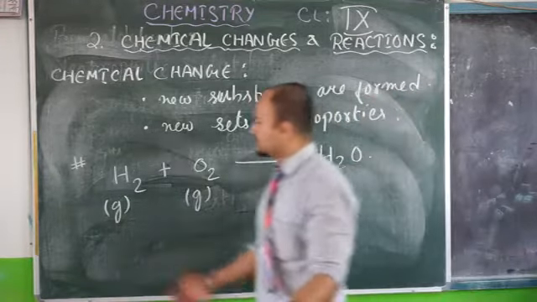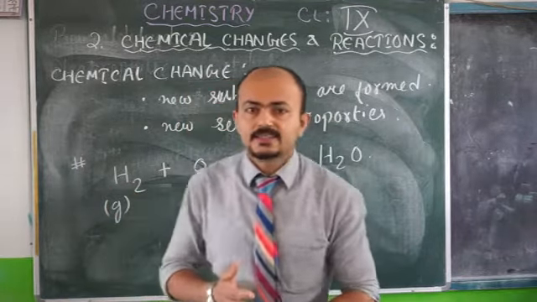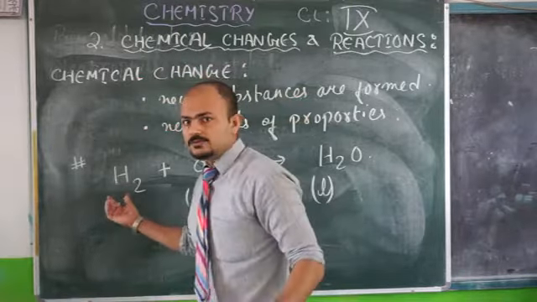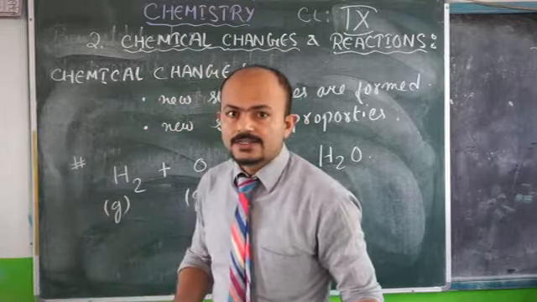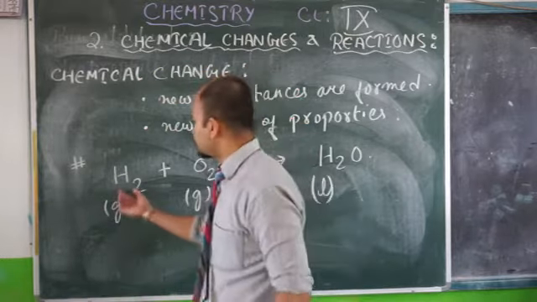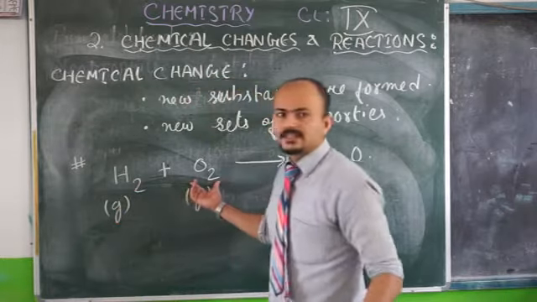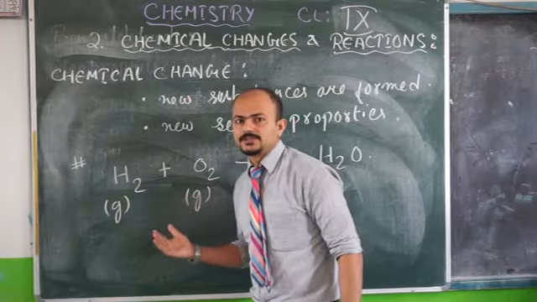Now see, before the reaction, this hydrogen is a gas, which is a combustible gas, and you must be knowing this is used as fuel in rockets. So it must be having a very high calorific value. Oxygen is also a gas, and it is a supporter of combustion.